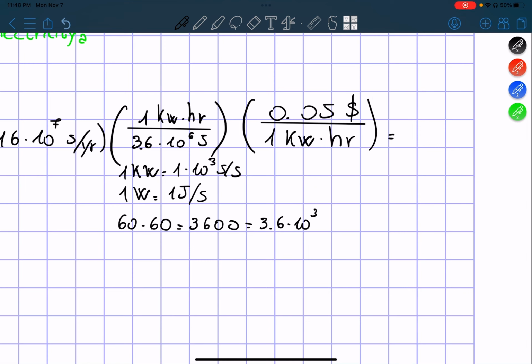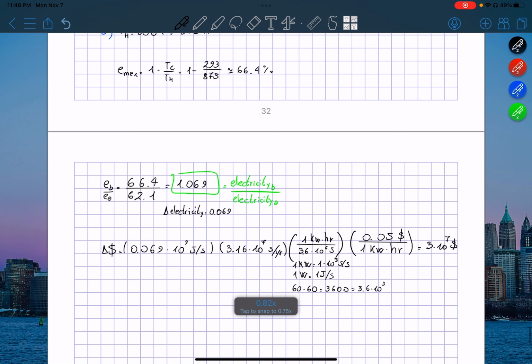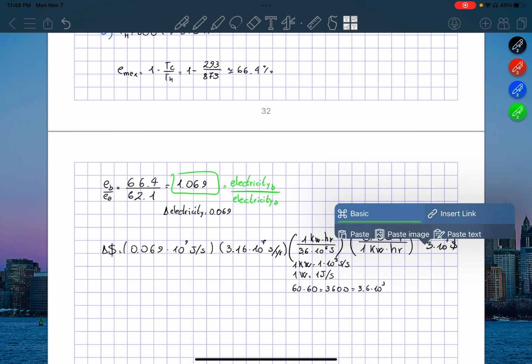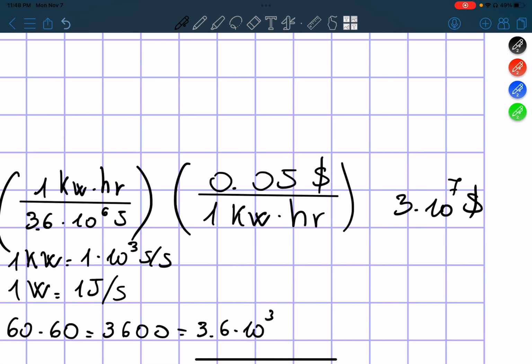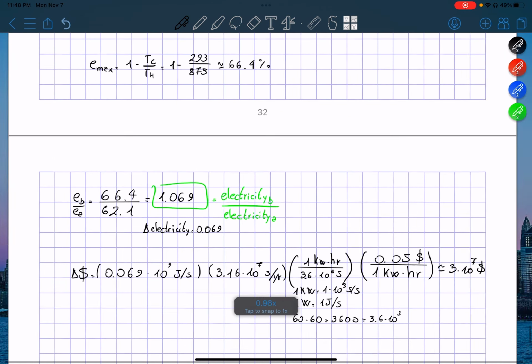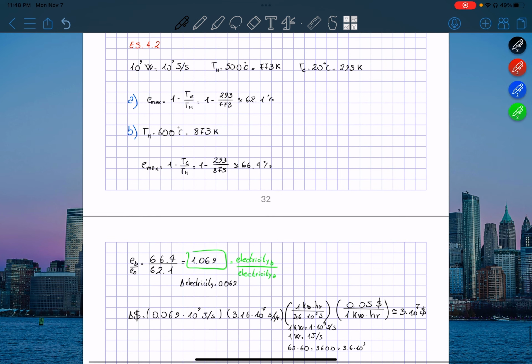And we end up with about 3.7 times 10^7 dollars. So there is the final answer to our problem. Hope that was helpful.